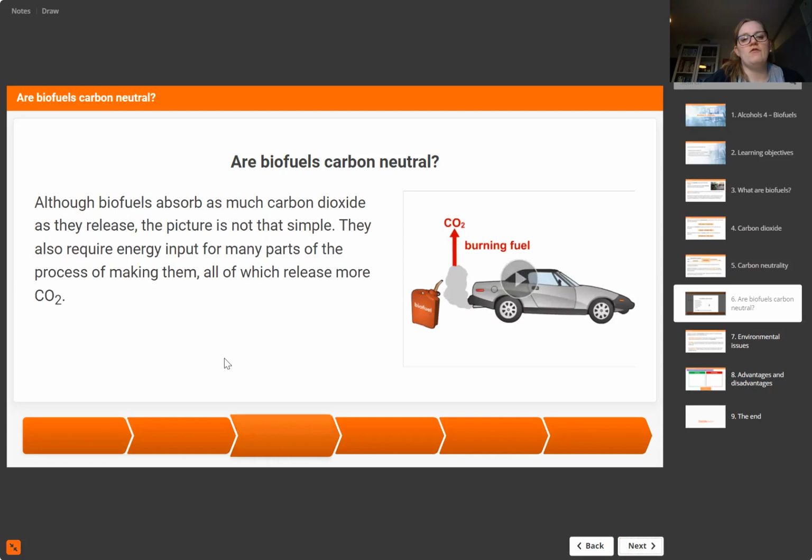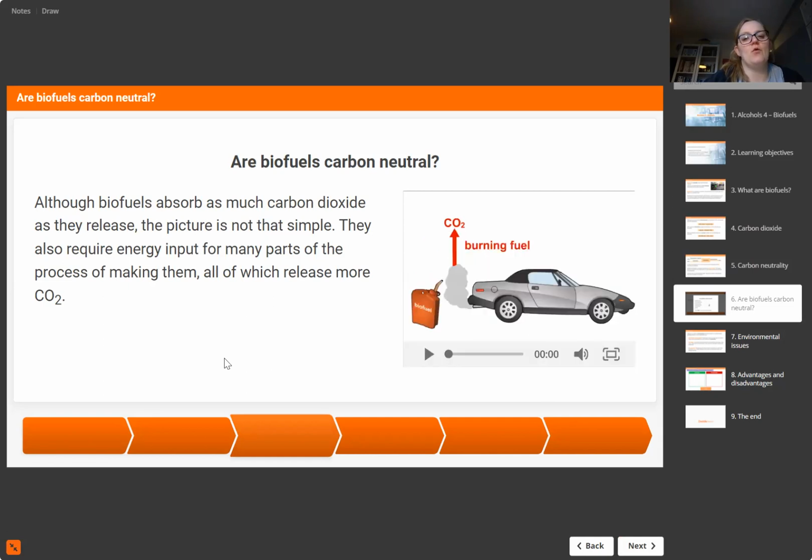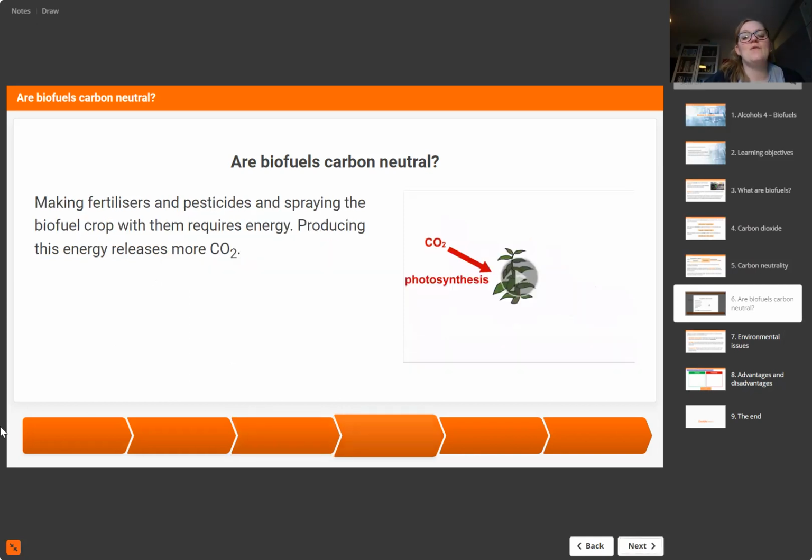So although biofuels absorb as much carbon dioxide as they release, it's not actually that simple, because they also require energy input for many parts of the process of making them, all of which will release more CO2. So when we're growing the plants, we need fertilizers, we need pesticides, and then we actually need to spray the biofuel crop.